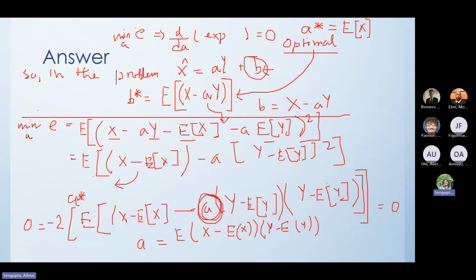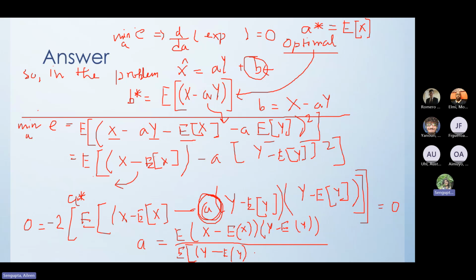That times that, divided by, you have the cross multiplication part. So the expected value of y minus e of y, whole squared.